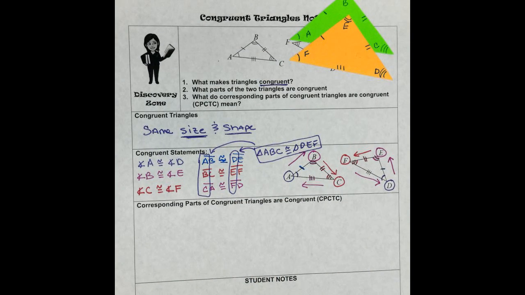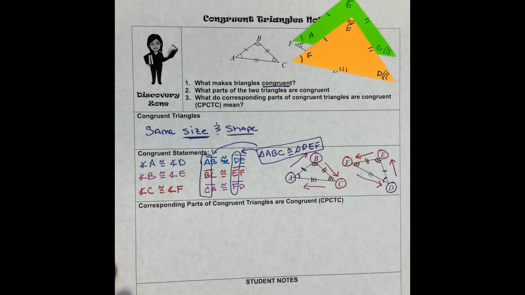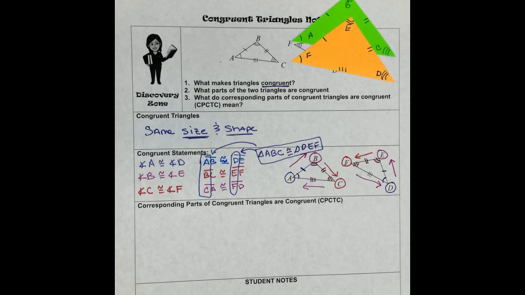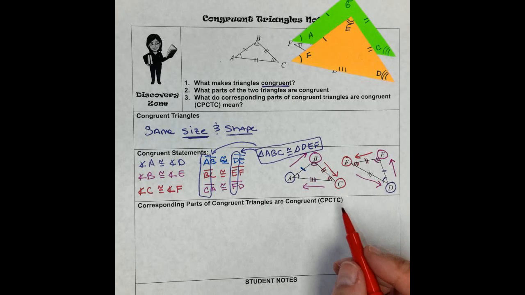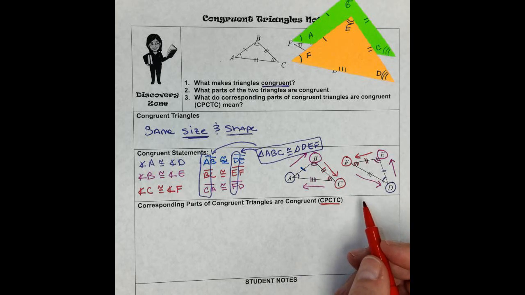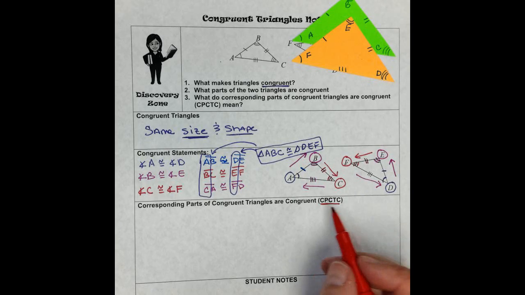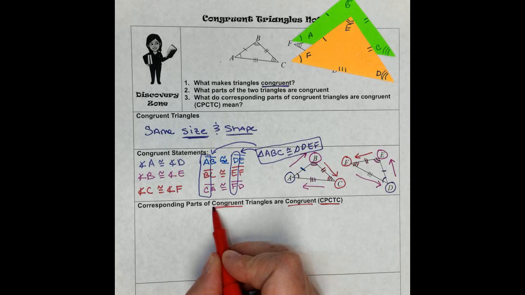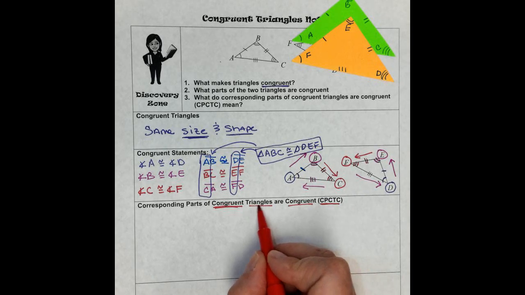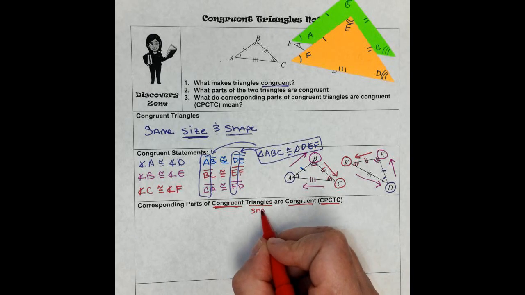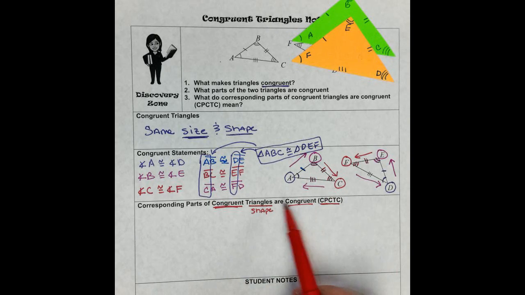And it's built off of my congruent statements. So now I have corresponding parts of congruent triangles are congruent. That's a lot of words. So we use CPCTC. Alright, kiddos. Let's break this down. I've got congruent in here twice. And I have triangles. So I know what shape I'm using. And then I've got congruent.